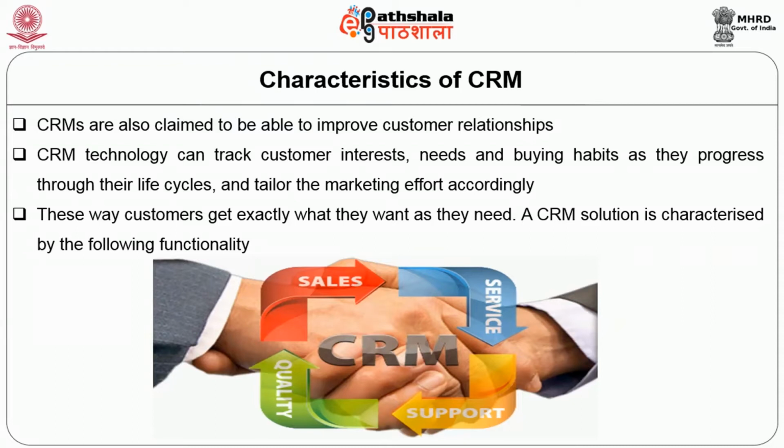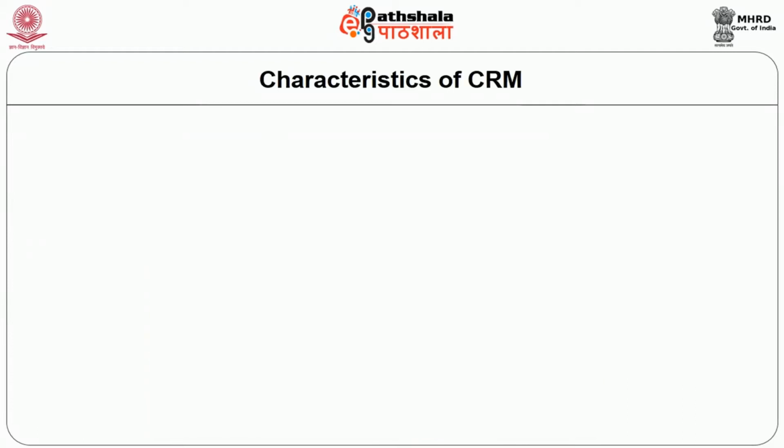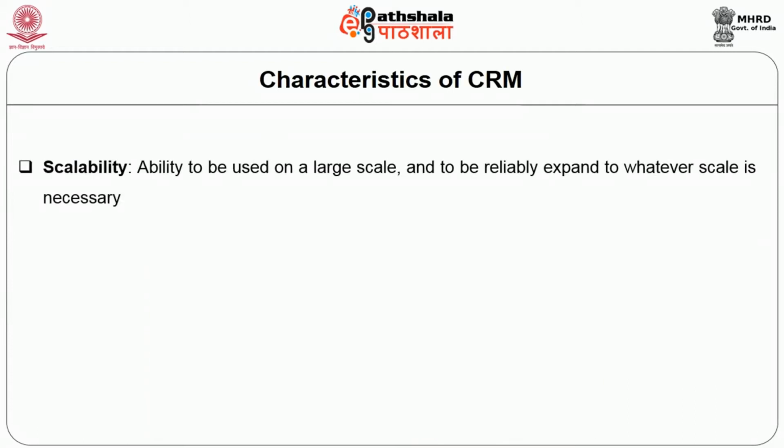A CRM solution is characterized by the following functionalities. Number one is scalability. This means the ability to be used on a large scale, to be reliable, and to expand to whatever scale is necessary.